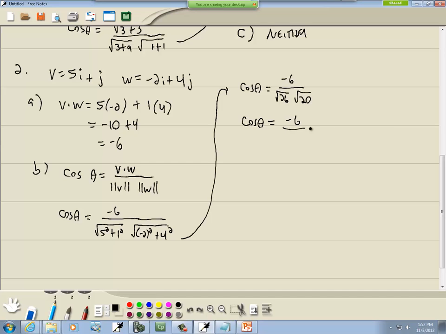Now, if you can, simplify it. 26 times 20 gives us 520. When I say simplify it, I mean get a single radical if you can. It's easier to plug into your calculator. We'll take inverse cosine of both sides. Like that. And let's see what that gives us.